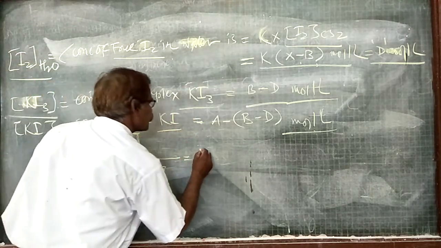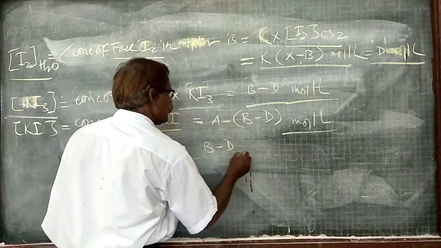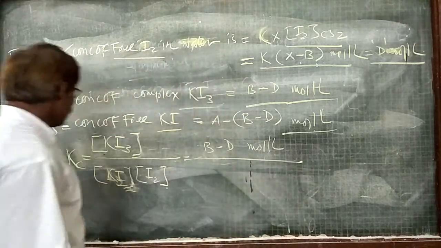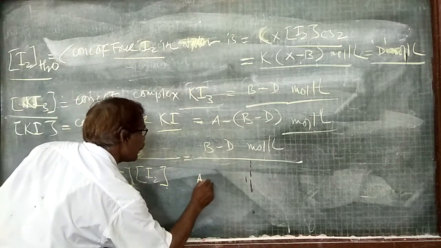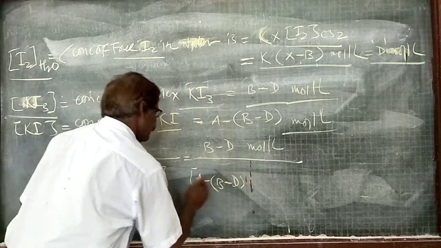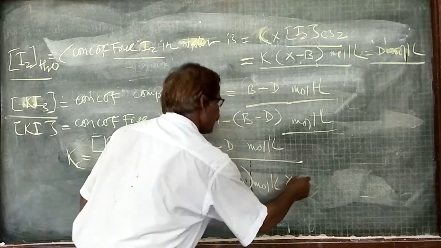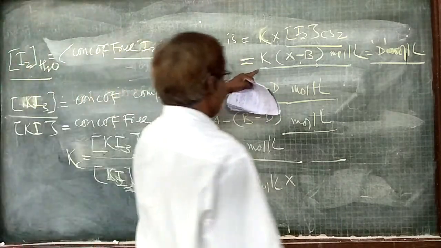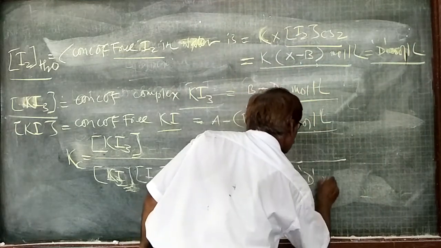The concentration of potassium triiodide complex in this case is equal to B minus D moles per liter. The concentration of free KI is A minus B minus D moles per liter, and the concentration of free iodine in water is equal to D moles per liter.